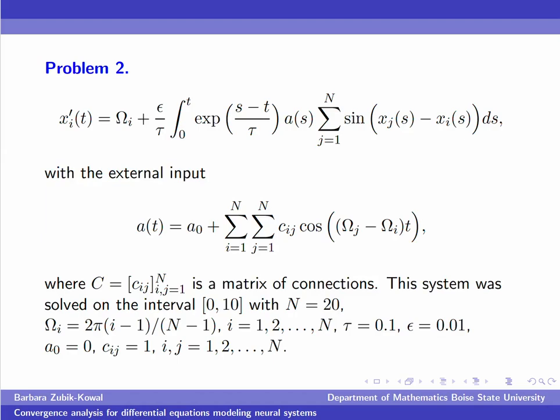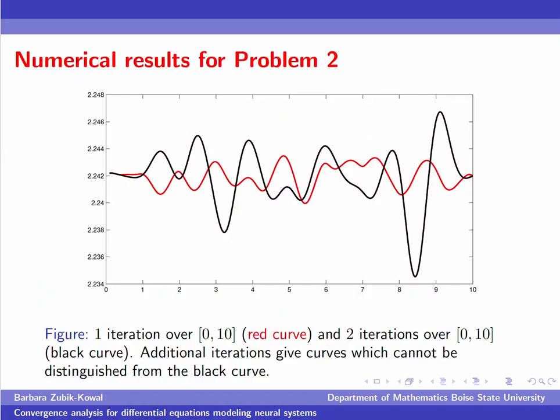And the numerical solutions of this model for these parameters are illustrated in this figure. Here the red curve presents the solution after the first iteration, and the black curve presents the solution after 2 iterations. And additional iterations result in curves that cannot be distinguished from the black curve.